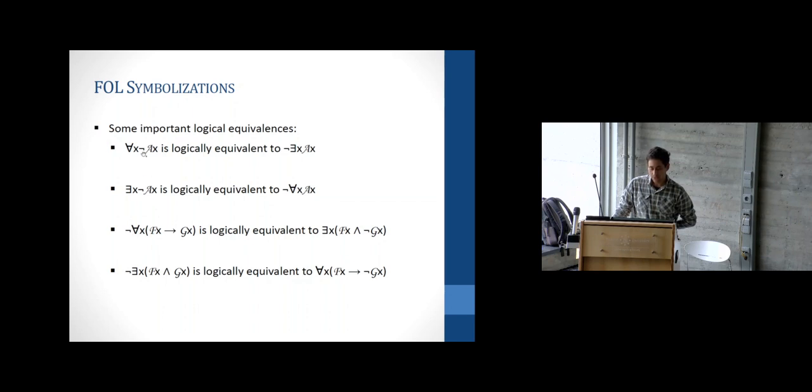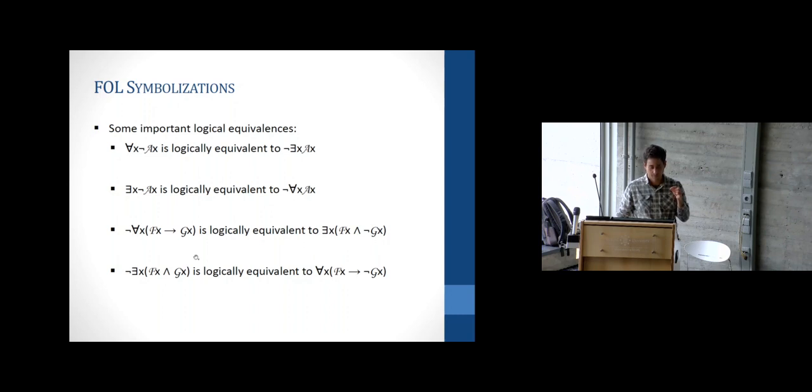Okay, so just note how you basically put the negation in a different place and then you switch from a universal to an existential statement. And we've just seen the example: it's not true that for all x, if x is an f, then x is a g is logically equivalent to saying that there is an x which is an f, but it's not a g.